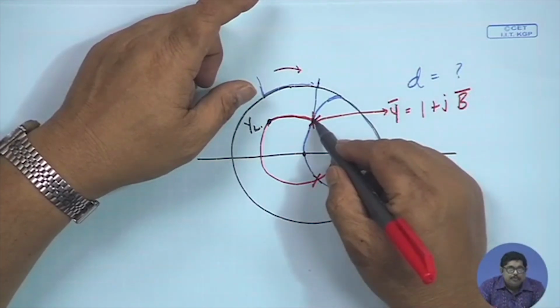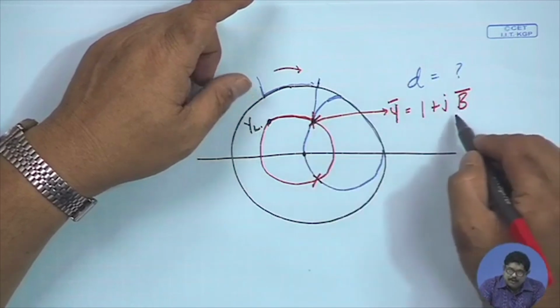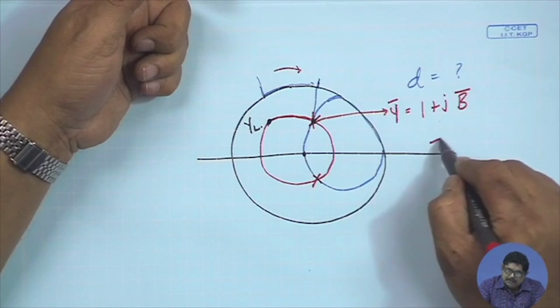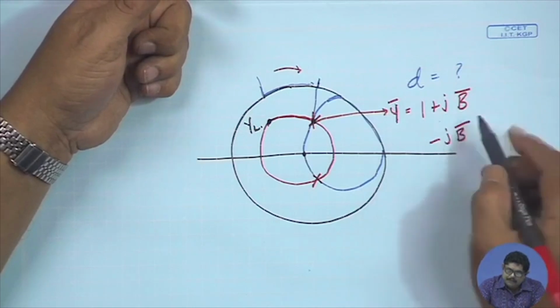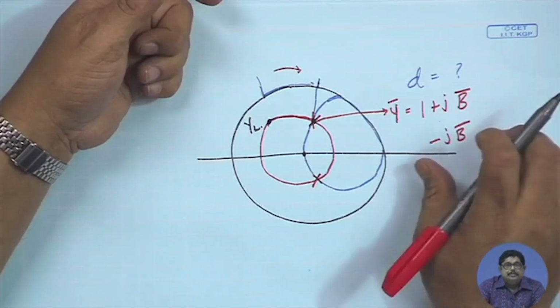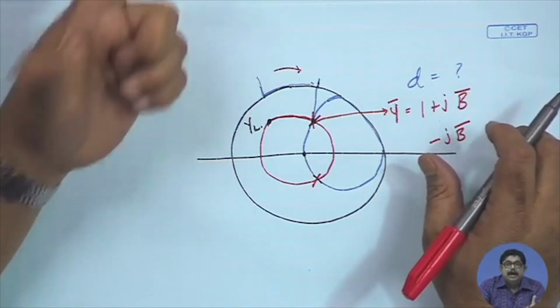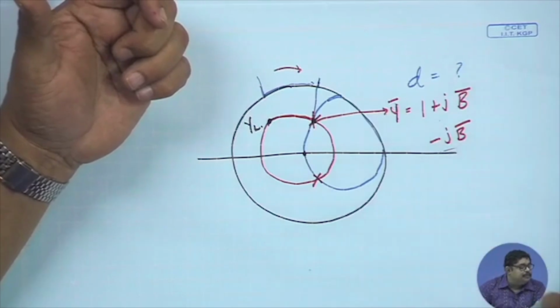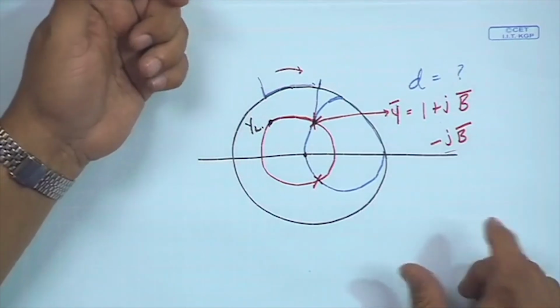So, you choose the shunt susceptance to be the negative of that, that means minus jB bar, and so you choose a stub whose susceptance is minus jB bar.